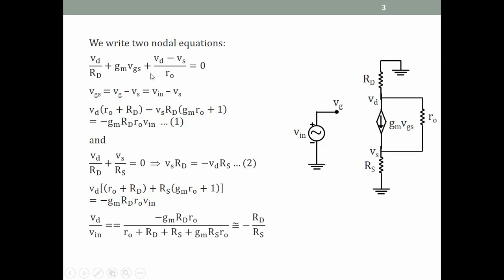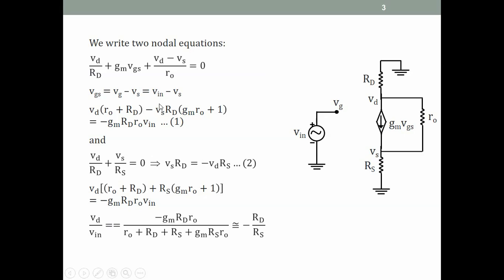Alright, so we write a KCL at the drain node to begin with. So we'll say VD over RD plus (VD minus VS) over RO plus gm VGS equal to 0. And then VGS is equal to VG minus VS, which is equal to Vin minus VS. So we have two unknowns, VD and VS. Usually when I solve these circuits, my habit is, once we write the KCL, I'll multiply out by the lowest common multiple, which is RD RO.